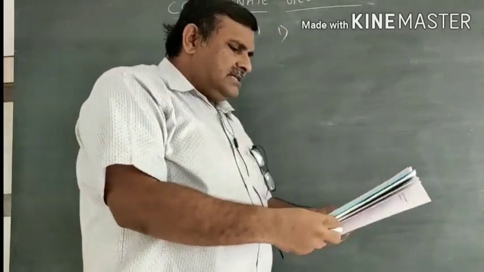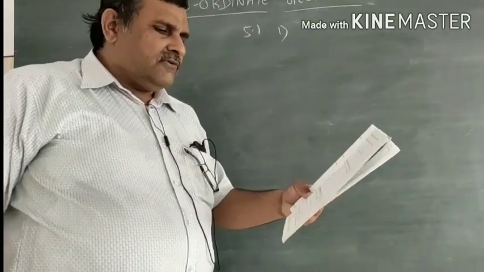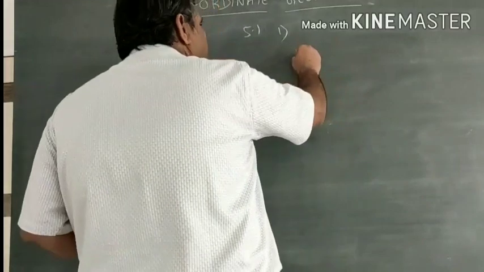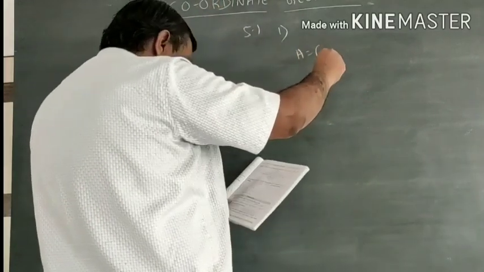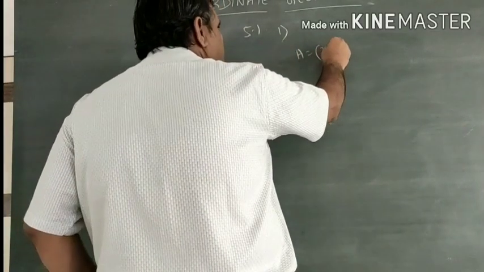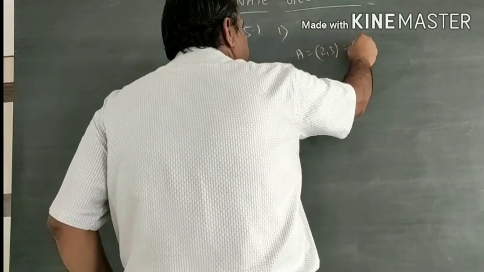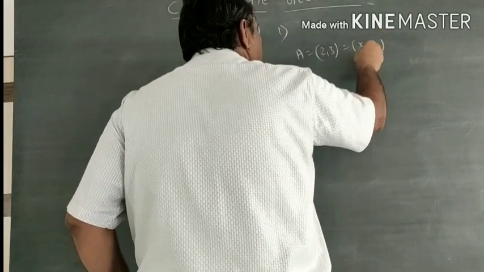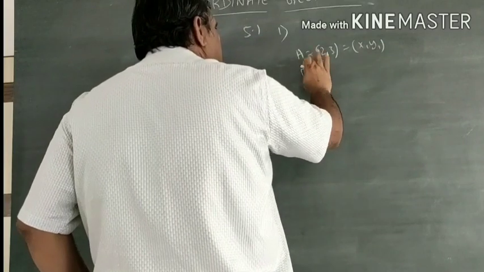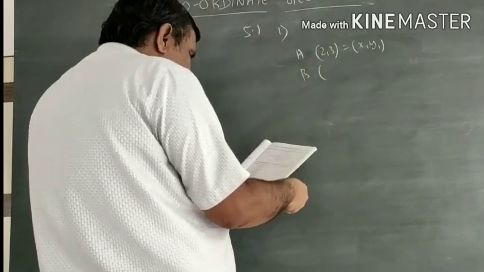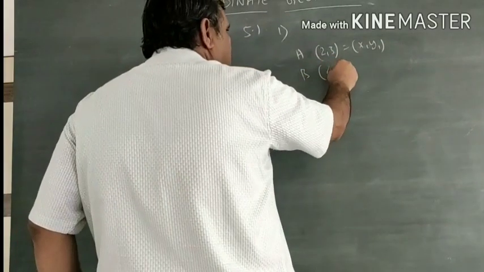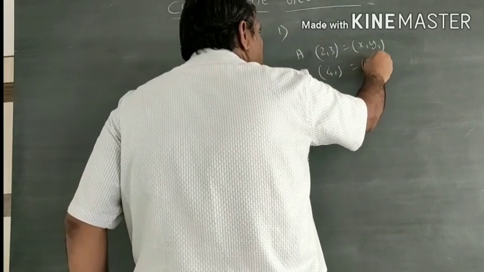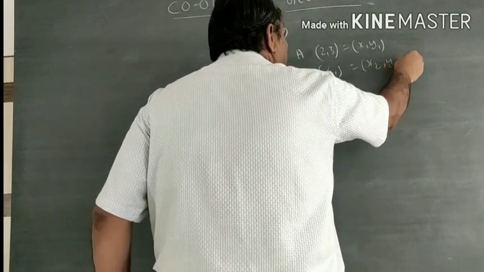See, our question is find the distance between each of the following points. See, point A is given 2, 3. Let it be equal to x1, y1, and point B is given 4, 1. Let it be equal to x2, y2.